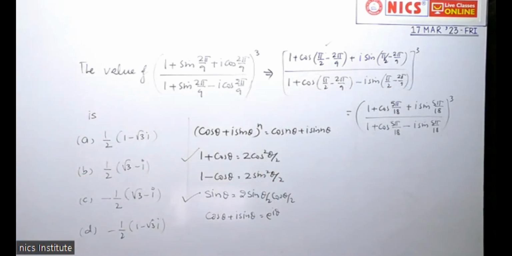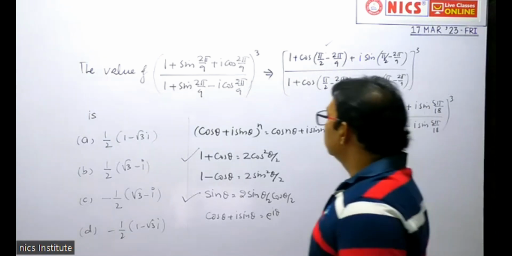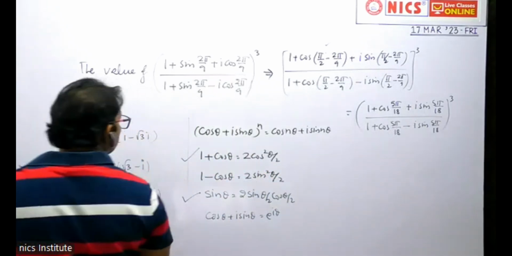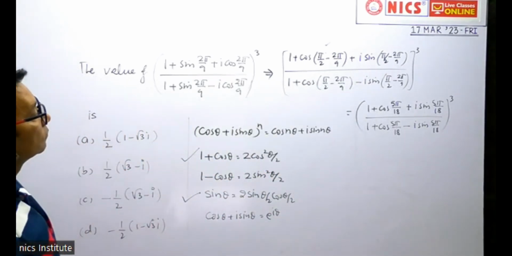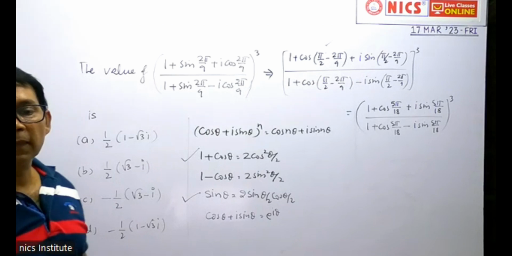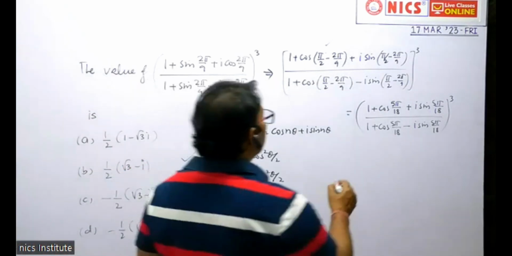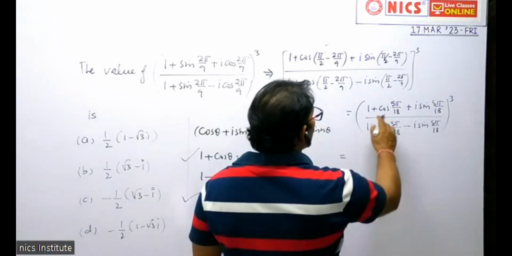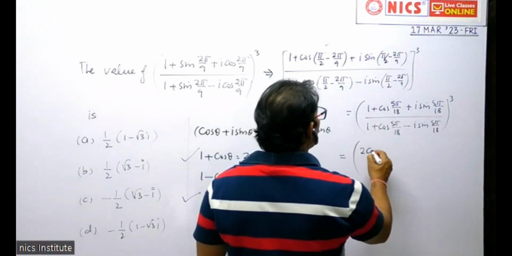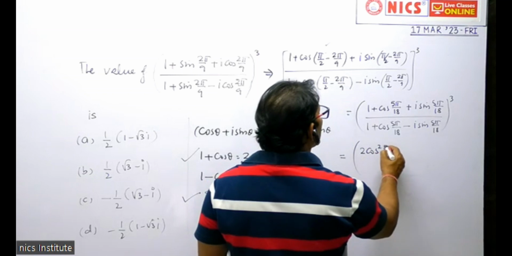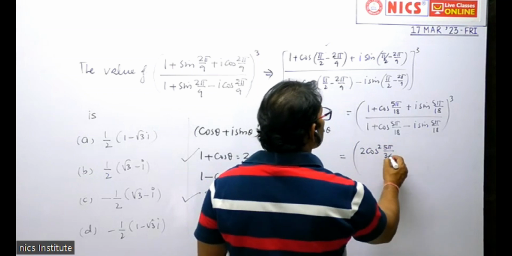Apply half angle formula, 1 plus cos theta and sin theta. When you apply half angle formula, 1 plus cos theta would be 2 cos square 5 pi by 36.